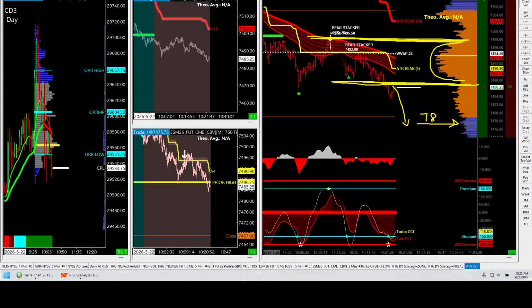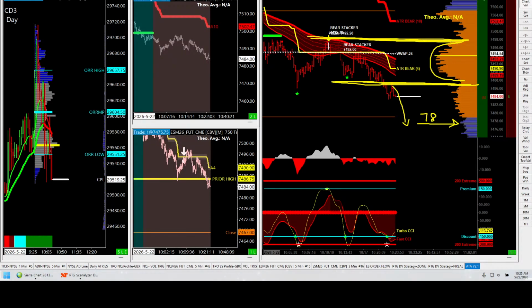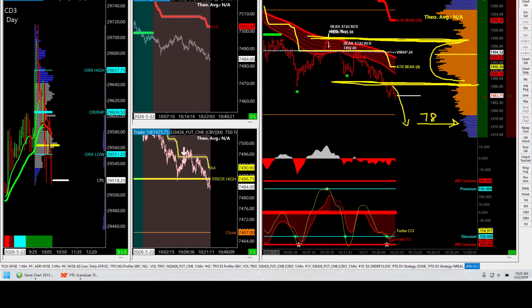That's why the first touches are so playable, particularly on back tests. They're so playable, with a high degree of confidence that you're going to get some sort of bounce or reaction, or response is the term I use.